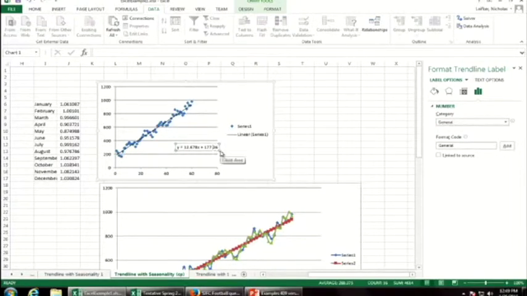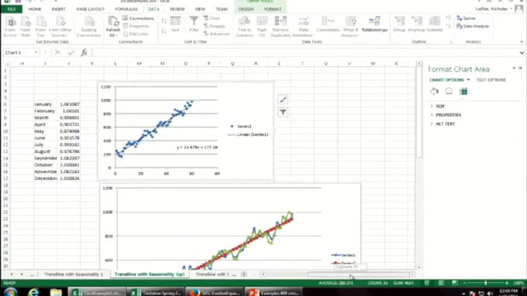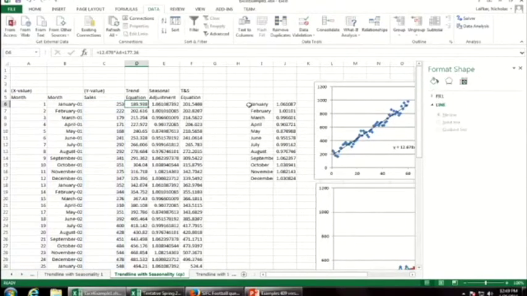We then put that equation and the results of it and find the result for each month. So we have that right here. This is what the trend equation is telling us should occur for this month, for January.